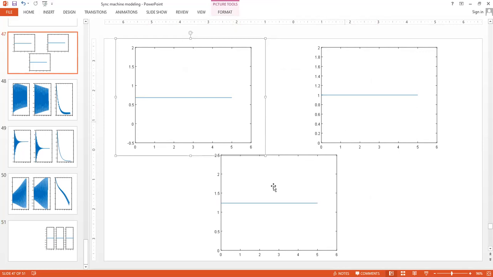Omega was at 1. Eq prime was some 1 point something, probably 1.2 something. But the main thing is that they stayed at their initial value throughout the simulation period. That means your initialization is fine, your initial simulation is okay.